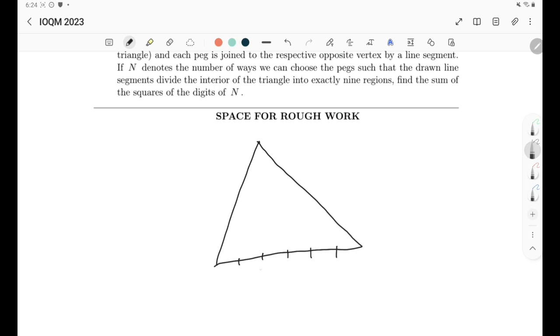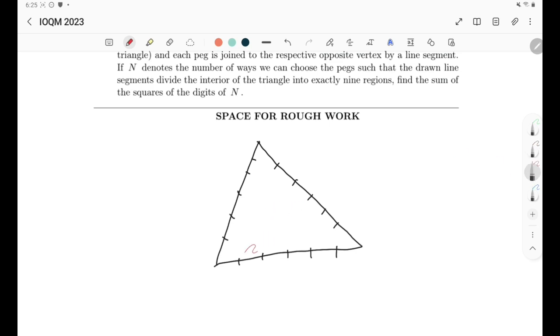Let's do that for the other sides too: 1, 2, 3, 4, 5, and 1, 2, 3, 4, 5.